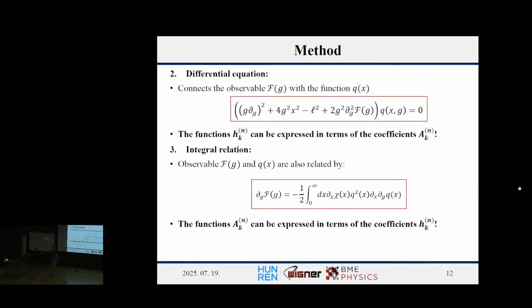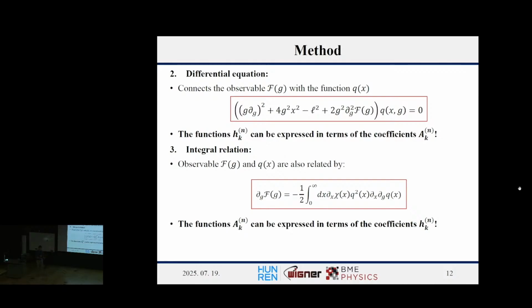This will give you a relation between the observable itself and our newly defined function Q(x). So the coefficients in Q, H_{KN}, can be expressed in terms of the coefficients in the original problem, A_{KM}.